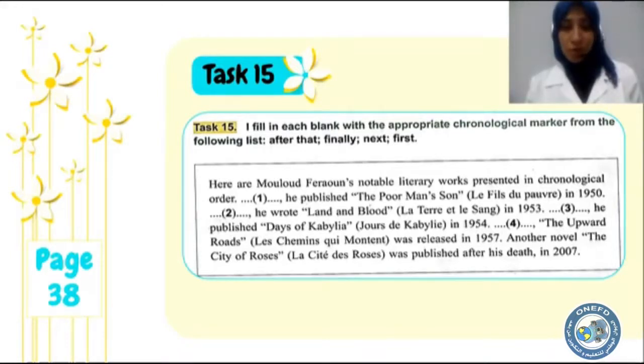The Upward Roads, Les Chemins qui Montent, was released in 1957. Another novel, The City of Roses, La Cité des Roses, was published after his death in 2007. So please, you need to fill in the gaps with the chronological markers we have. You have 1 minute.